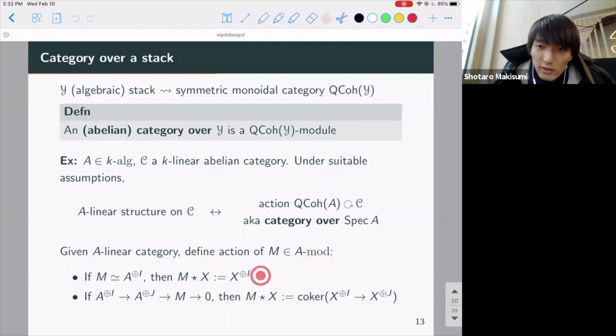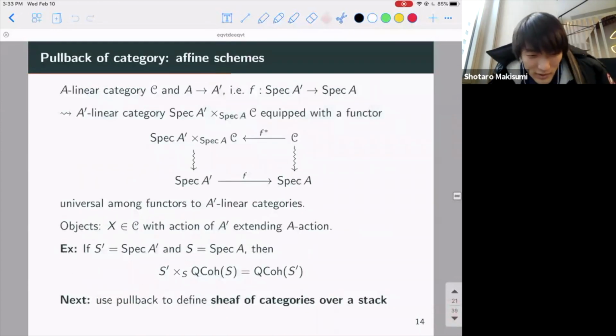So you're forced to take this. And then given an arbitrary module, you can present it and take the corresponding presentation basically as the definition of this action. And then this will have some nice exactness properties. But as Ivan says, this is basically tensor product.